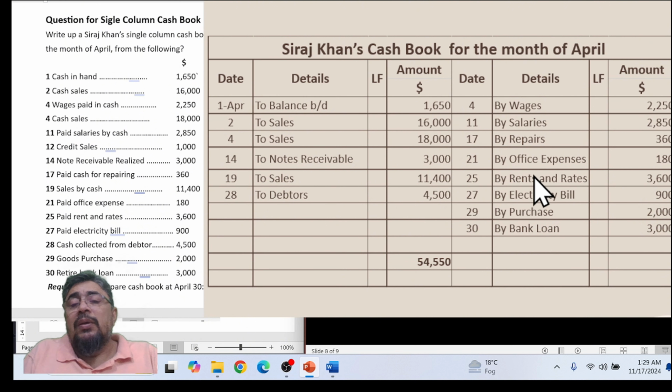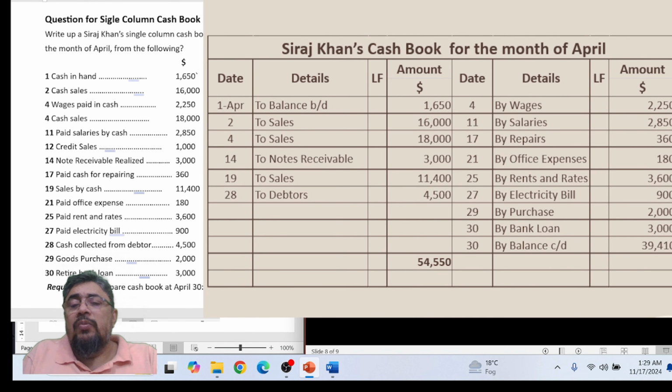But in here, the credit total is smaller than the debit total. So here we will find the difference between the debit and credit. The difference we will write on the credit side as balance.